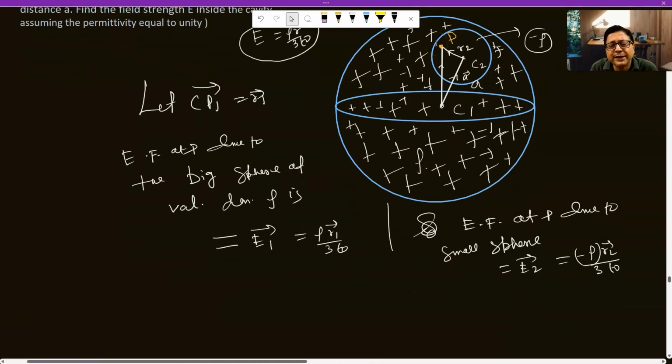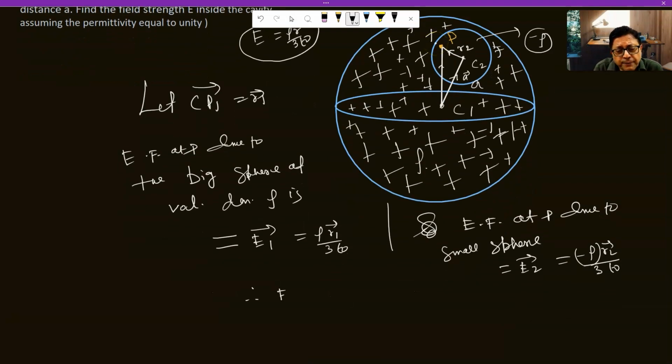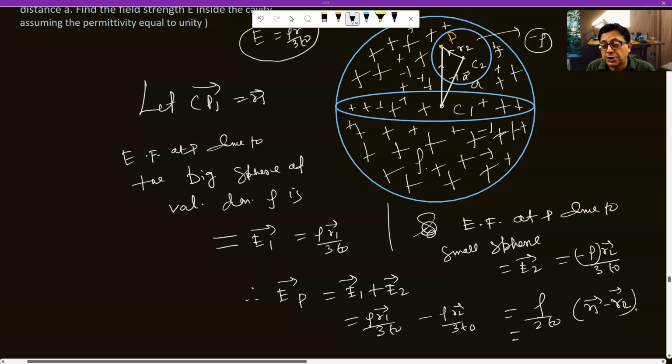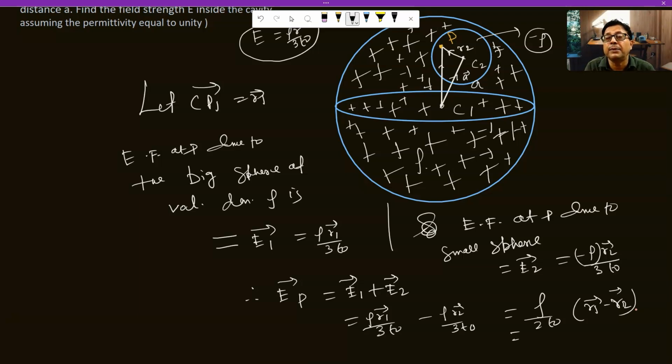Now what will the net field be? Therefore, at P, electric field is the vector sum of these two, E1 plus E2. This is nothing but rho R1 by 3 epsilon 0 minus rho R2 by 3 epsilon 0. Take rho by 3 epsilon 0 common: R1 minus R2. What is this going to be? In this diagram, this part is A, this is R2 and this is R1.